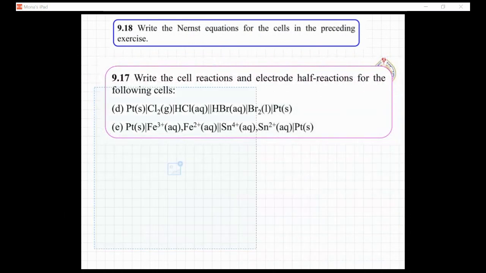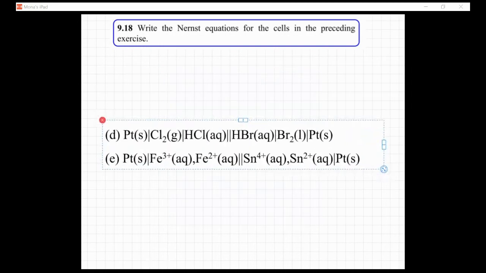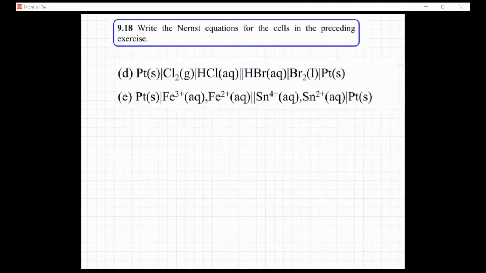What does it mean now? Supposing I did not ask you the previous questions. I just came here and started, and I said, now write the Nernst equation for these reactions.